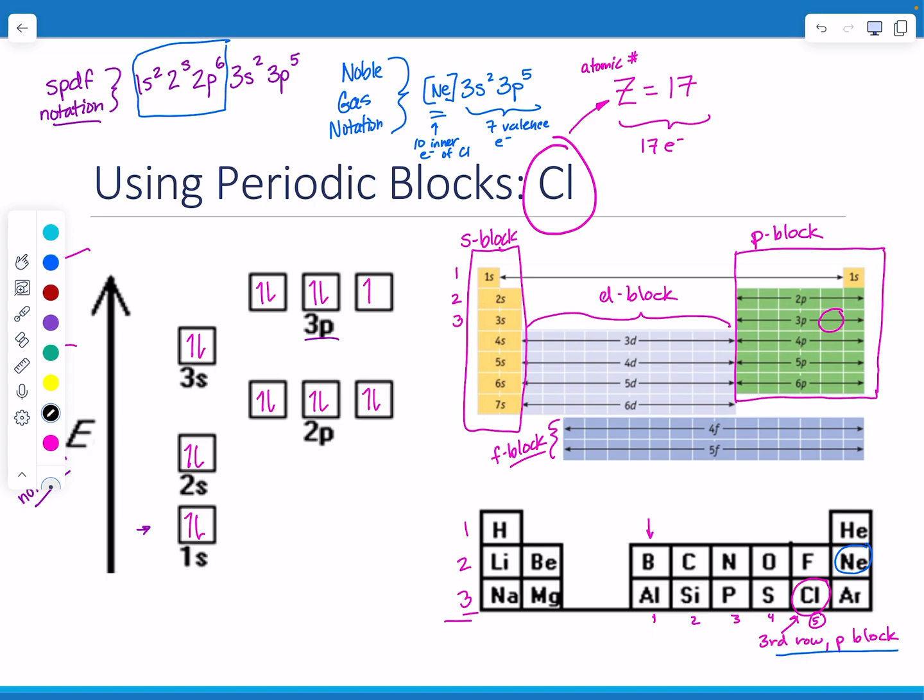Neon and square bracket. We're looking at magnesium. Now we're ready to make... so we've done this.